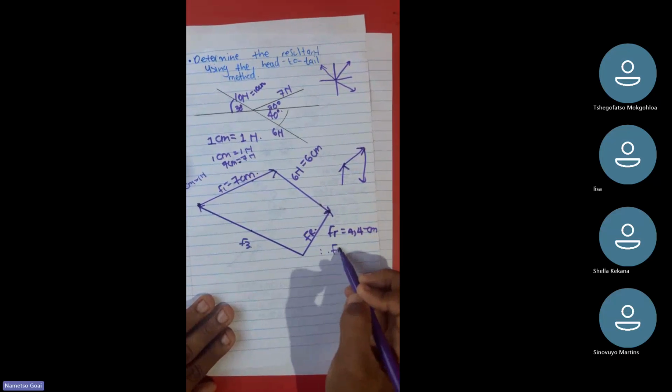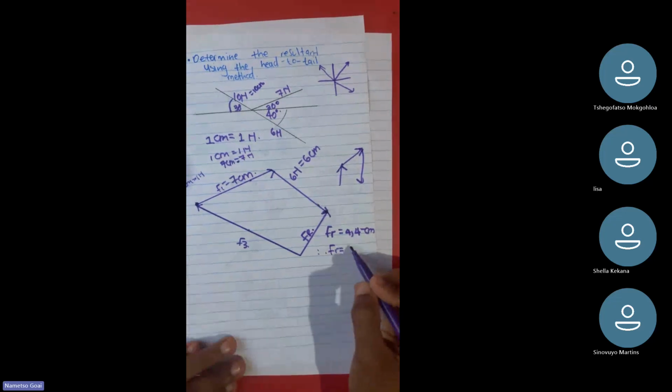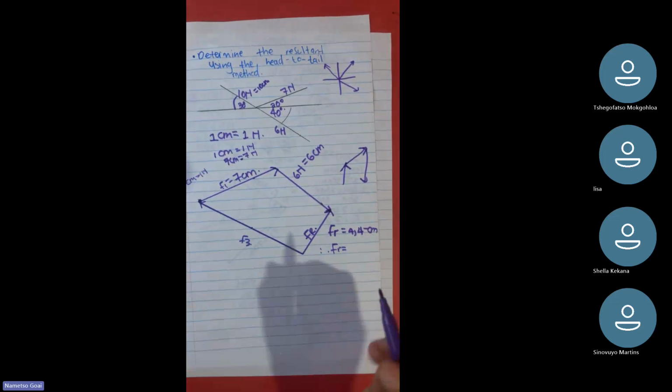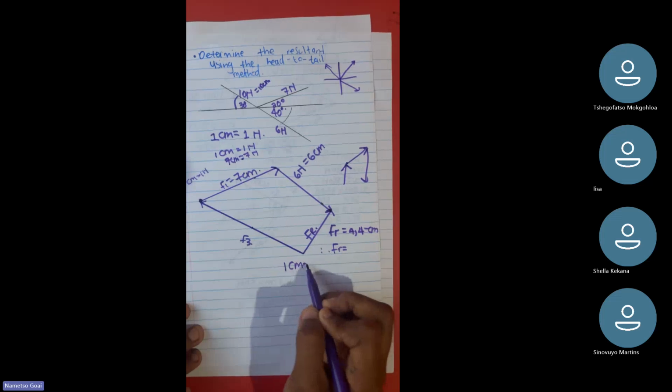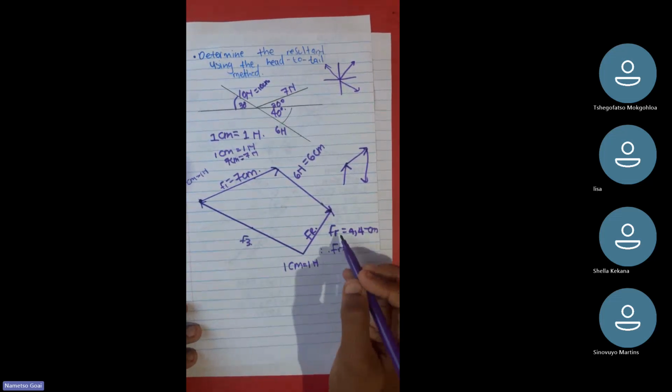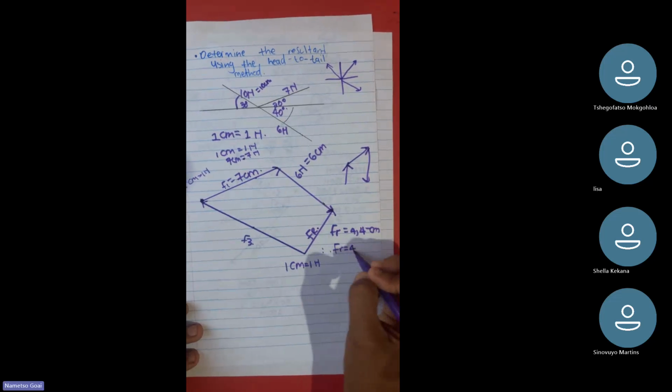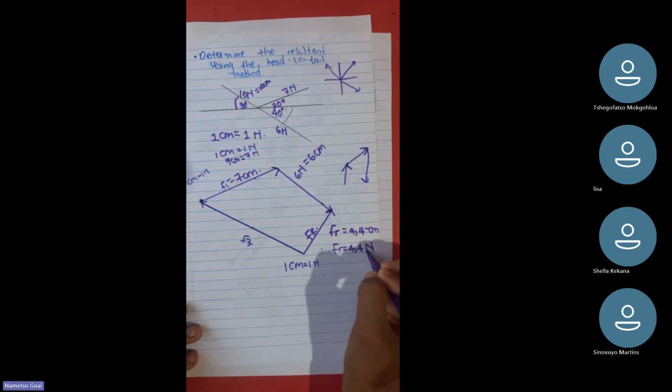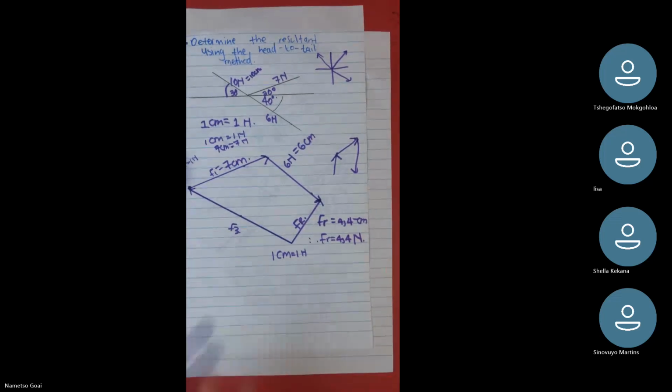Therefore, FR in its magnitude form, remember, we said 1 centimeter equals 1 Newton, so in Newton form this resultant force will just be 4.4 Newton. Do you guys understand this? Yes, ma'am. Okay.